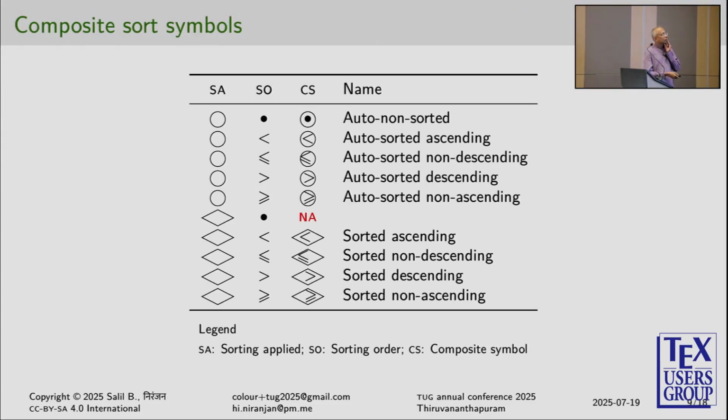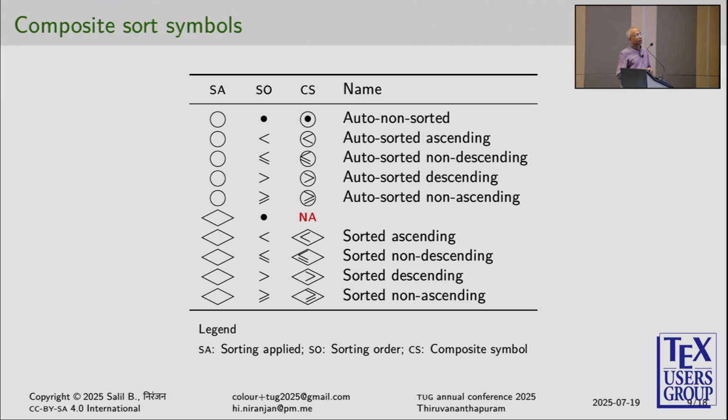Okay, so first go through the legend. SA means sorting applied, SO means sorting order, and CS is the composite symbol. So if we do not sort, then the array could be either sorted automatically, sorted on its own, or sorted in the ascending order, sorted in the non-descending order.